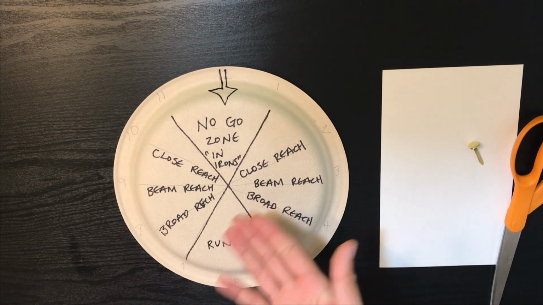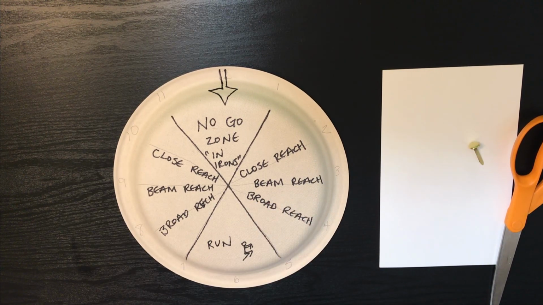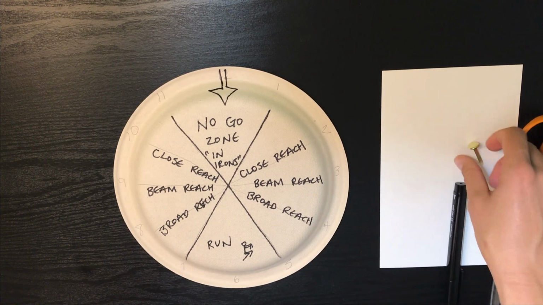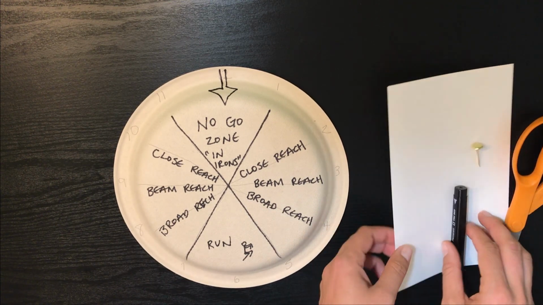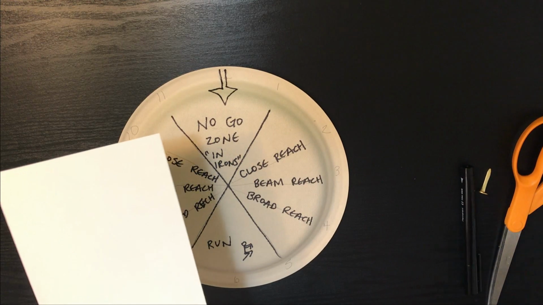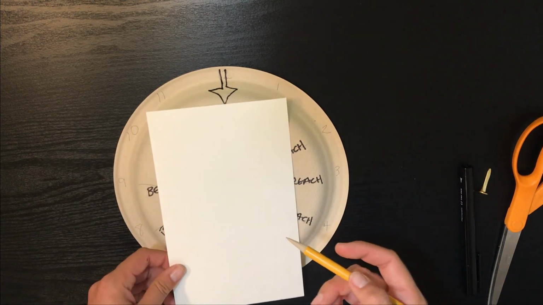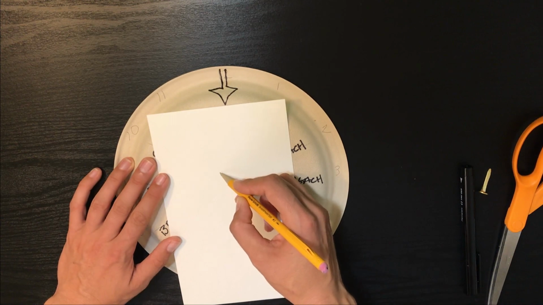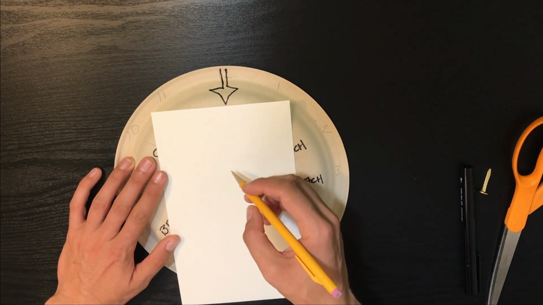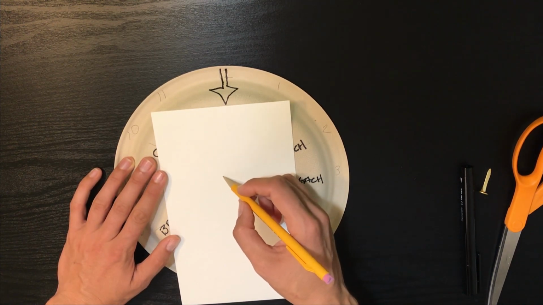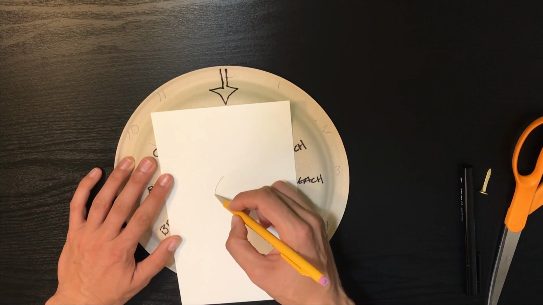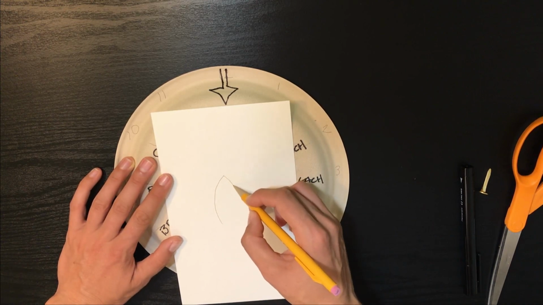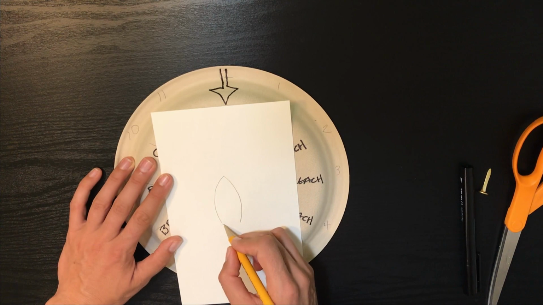Now, we have to put our boat on our wheel. You can use another paper plate to make your boat, or you can use cardstock. Let's draw our boat. Our boat is kind of like a triangle that's rounded, with a flat bottom.